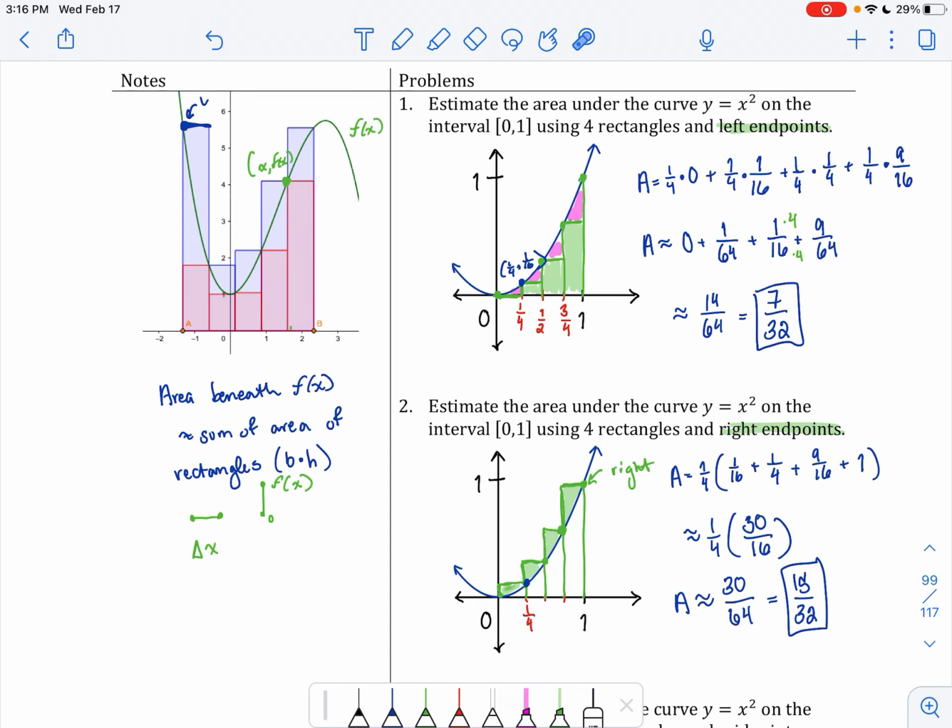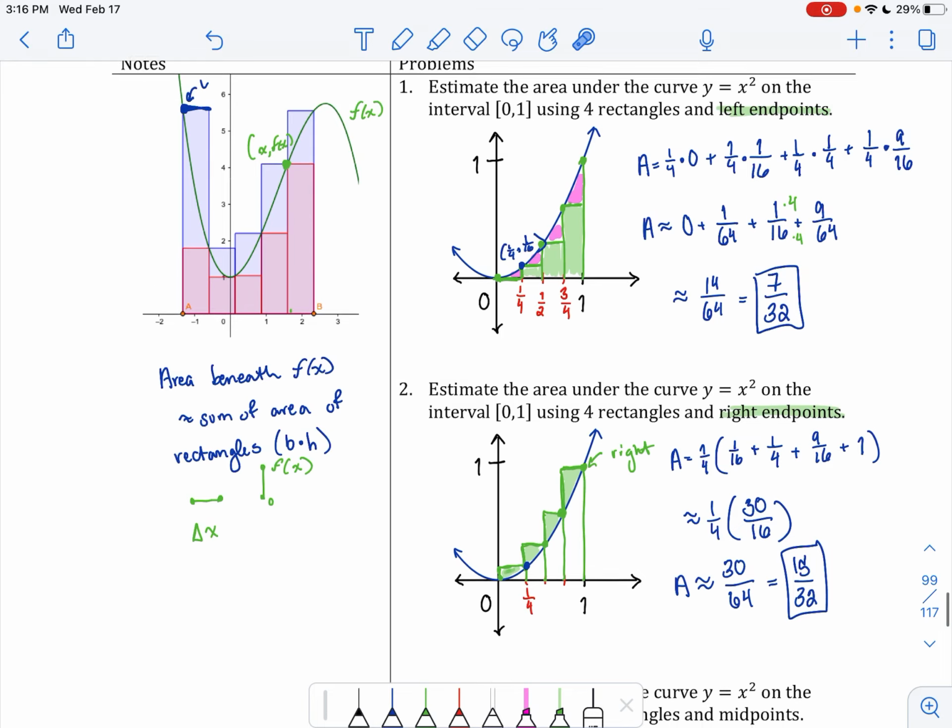And if I wanted to find the exact area, I would now know that I have to pick something in between 7/32 and 15/32. Maybe you say 10, maybe you say 12. You'll learn in this unit how to get that exact answer. But here we just want to look at the picture and ask ourselves, underestimate or overestimate.